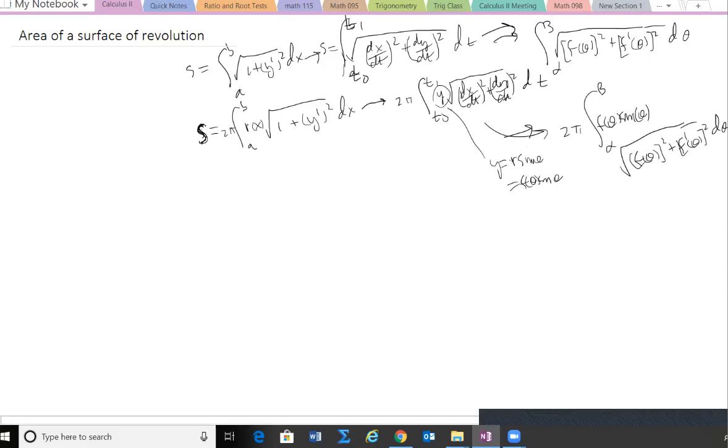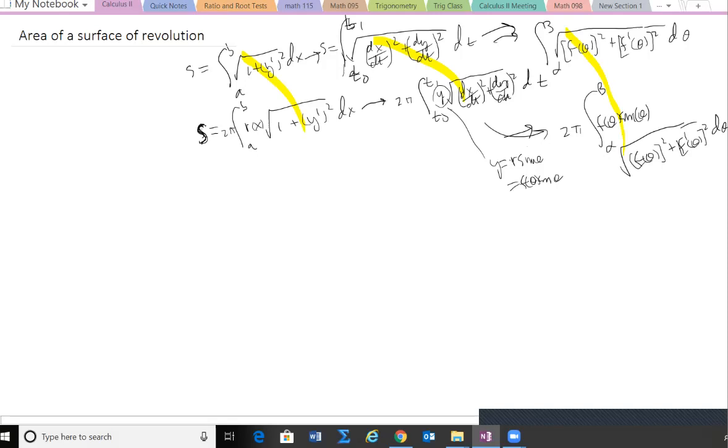You see the analogous changes from one form to the other. These two kind of pair up, these kind of pair up, and these over here. The progression from one to the other is what's important, so we want to try to remember that.